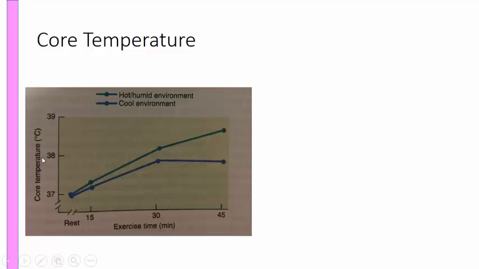If we're exercising in a really hot or humid environment, then our core body temperature pretty much continuously increases as we are exercising, because we're having a harder time losing heat from our body as we are producing it, since the environment is hotter or more humid, so we can't utilize our heat loss processes as well in comparison to the cool environments.